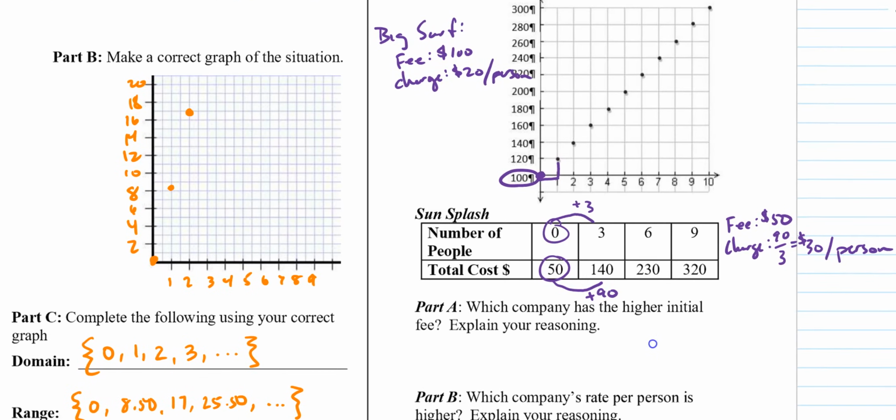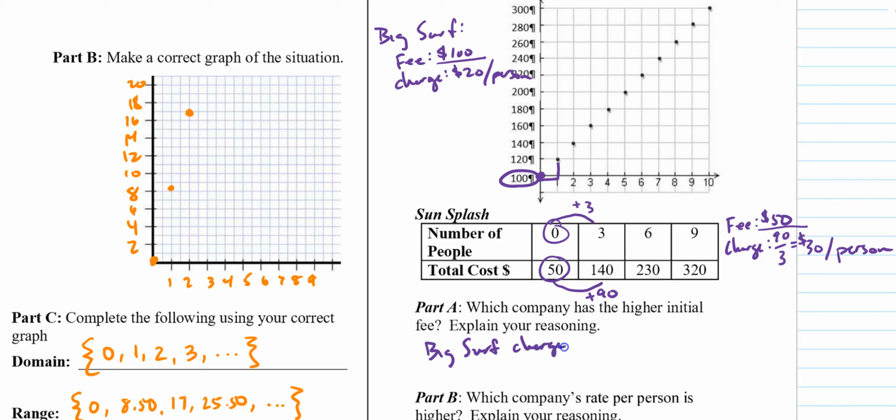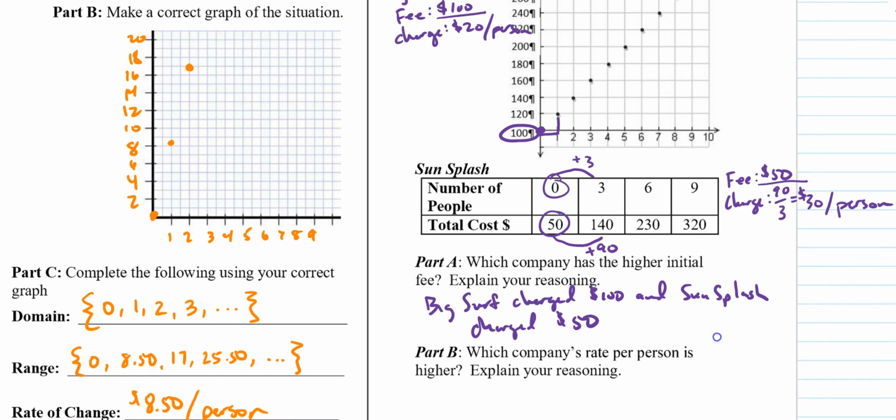Let's look at what it's asking us. Which company has the higher initial fee? Well, Big Surf charged 100. Sunsplash charged 50. So Big Surf charged 100 and Sunsplash charged 50. Which company's rate per person is higher?